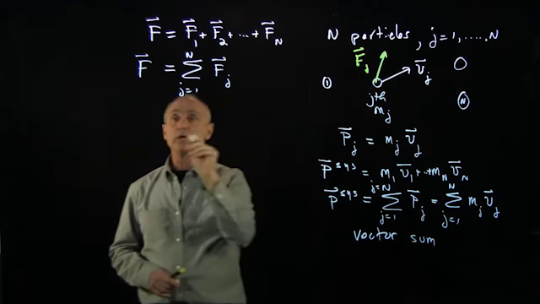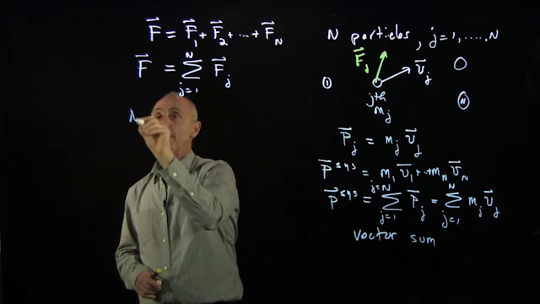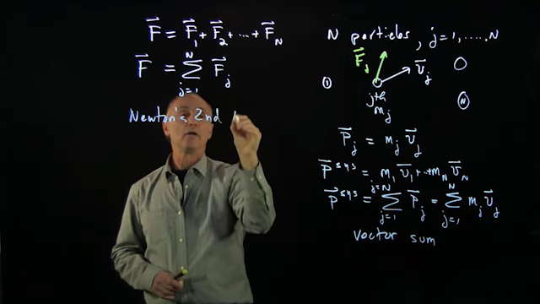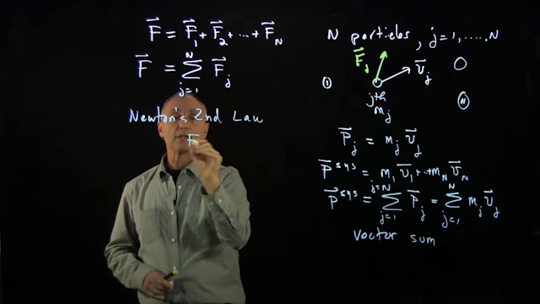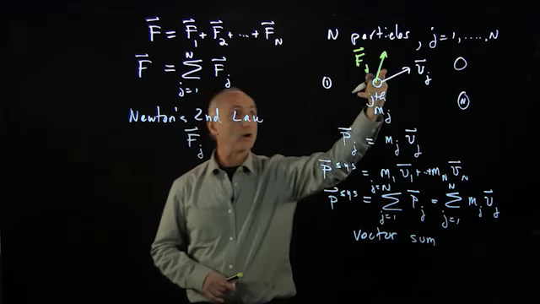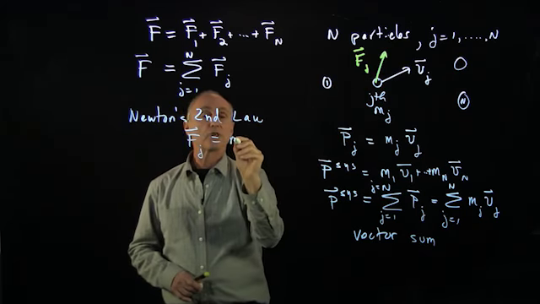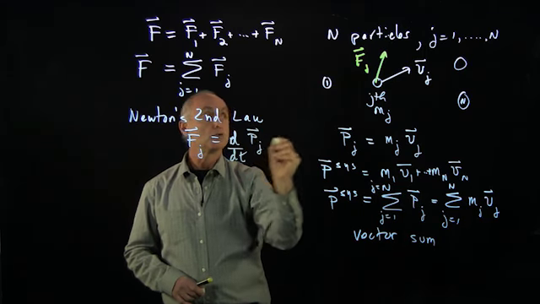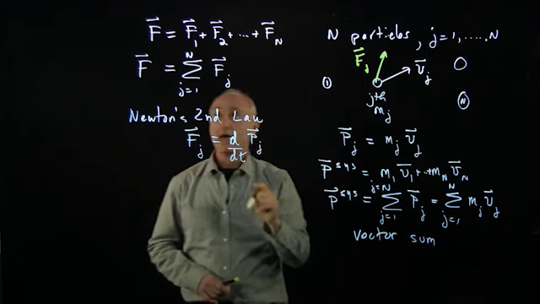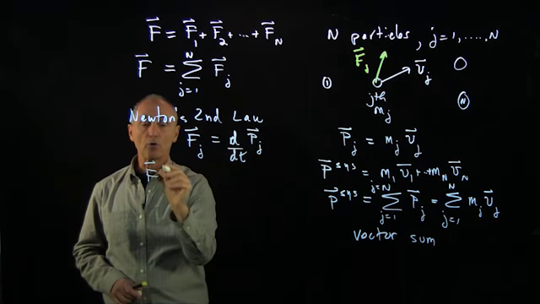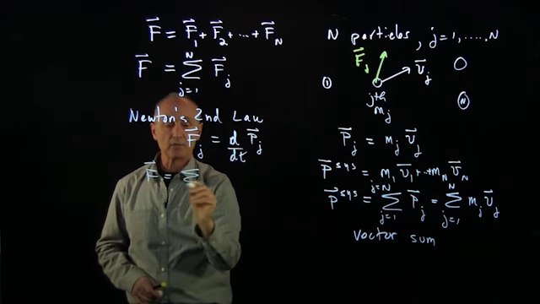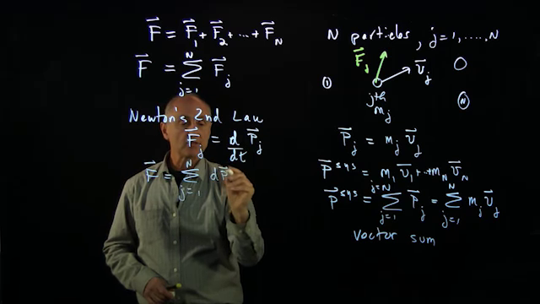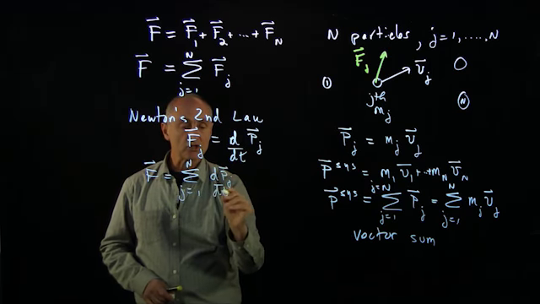But now we can apply Newton's second law. Newton's second law is the statement that the force on the jth particle causes the momentum of the jth particle to change. And when we write that now, the total force on the system, j goes from 1 to n, is just the sum of the changes in momentum.